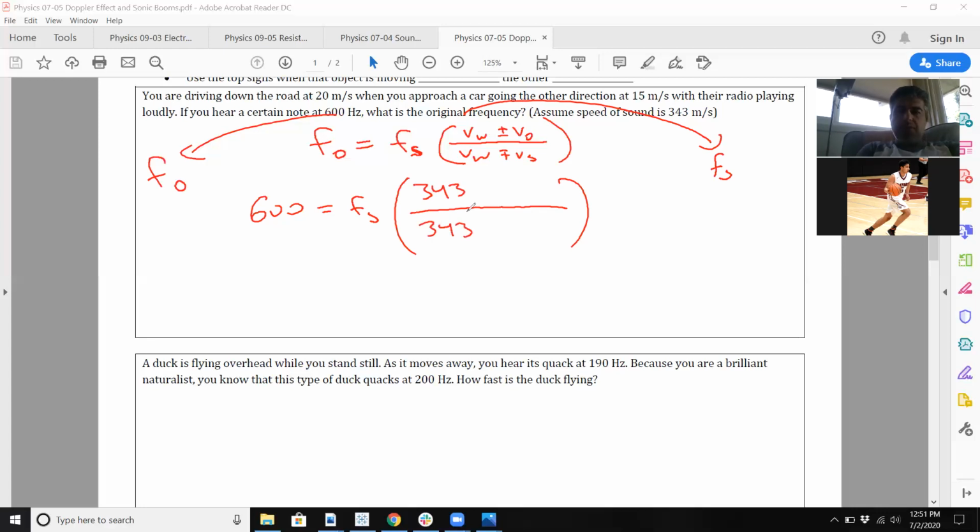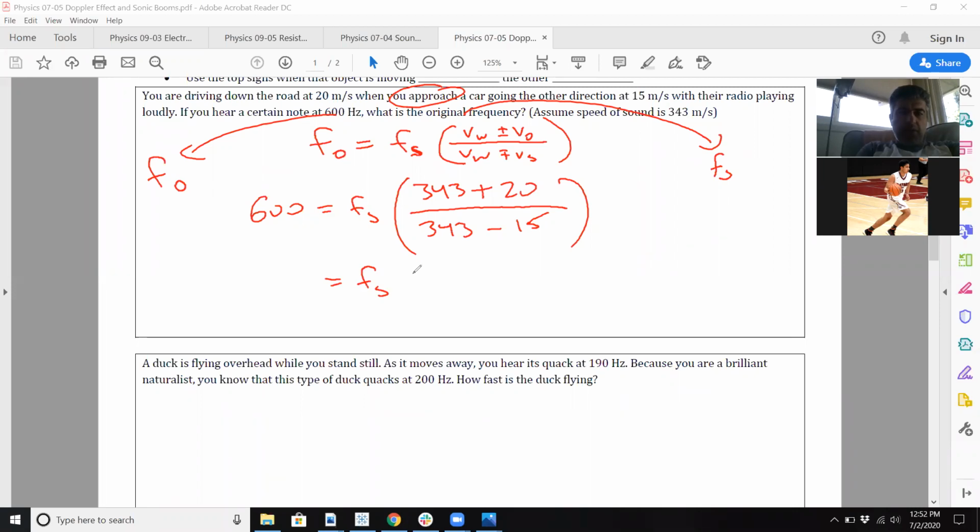And now because it's coming at you, right? Because you're approaching it, you use the top sign, plus 20, because that's your velocity of the observer, minus the source.